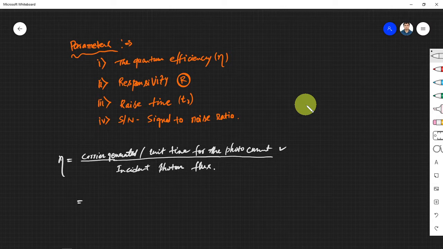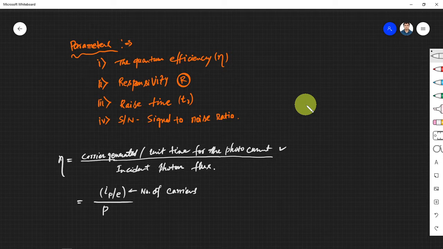If you write it in an equation, it will be I_PH, the photocurrent, divided by the electron charge, so you'll get the number of carriers, right? So this is nothing but the number of carriers, divided by the number of photons we supply.